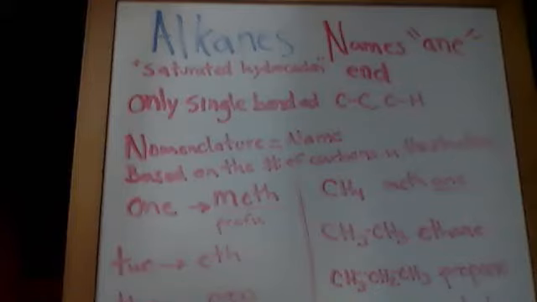How can you identify that you have an alkane? It's going to be by the termination "ane", which is also referred to as the suffix. So all of them are going to end in "ane". The nomenclature, every time that you hear or read that word, is going to be referring to the way of naming compounds.